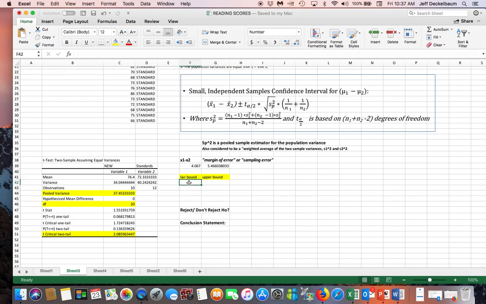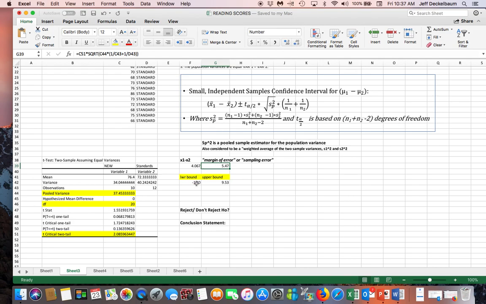And then we calculate our lower bound, which is equal to this term minus this term. And our upper bound is equal to this term plus this term. Okay, and just again clean that up a bit.